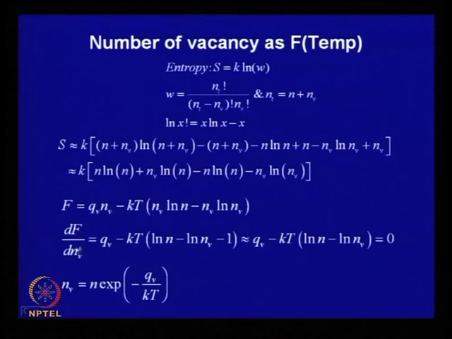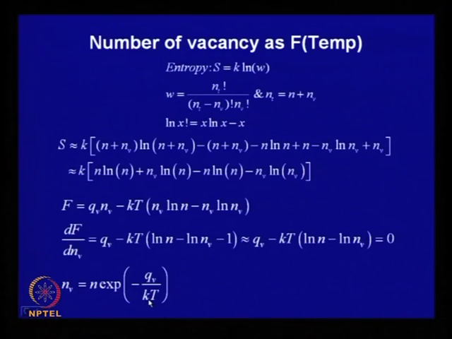The best way to do it is to differentiate it with respect to N_V, which is shown over here, and then equate it to 0. Therefore, it is possible to show approximately that the number of vacancies will be equal to N exponential of minus Q_v by kT, and maybe you can try this as an exercise, where T is the absolute temperature.